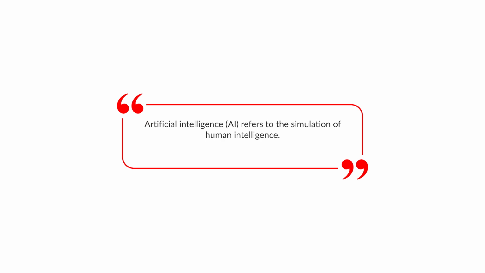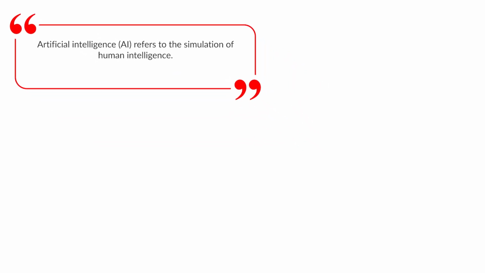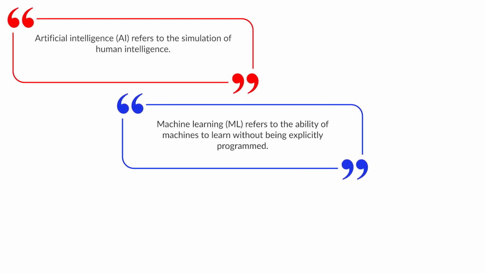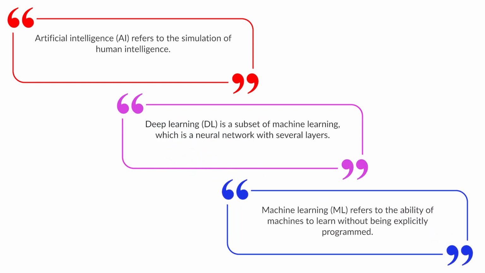It is essentially the simulation of human intelligence. Machine learning, in turn, refers to the ability of machines, of computers, to learn without being explicitly programmed to do so. And deep learning is nothing more than machine learning that focuses on neural networks with more than one layer so that they have a certain complexity to it.